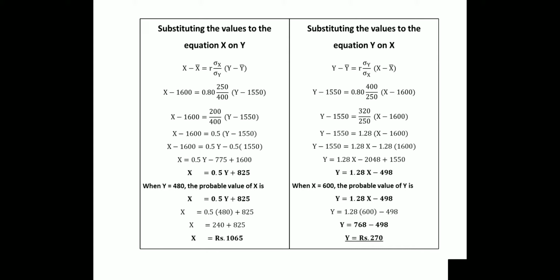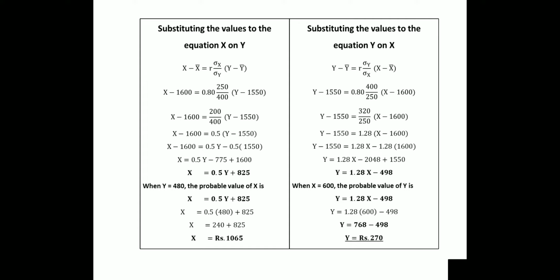So when we substitute the values into the equation, it will be x minus 1600 is equal to 0.80 multiplied by 250 by 400 into y minus 1550. By simplifying these values, it will be x minus 1600 is equal to 200 by 400 into y minus 1550.